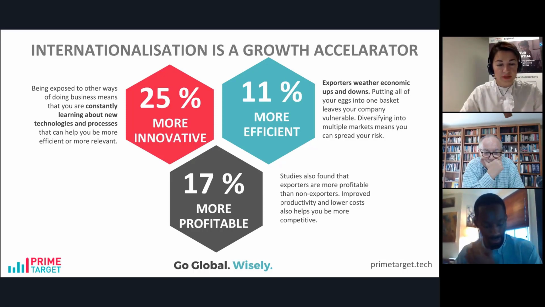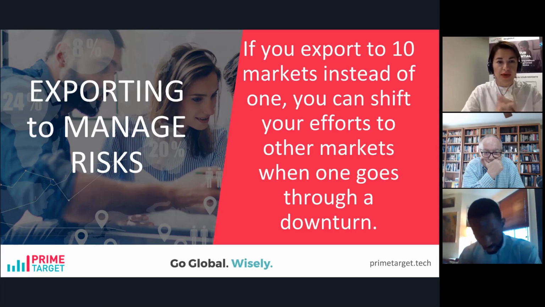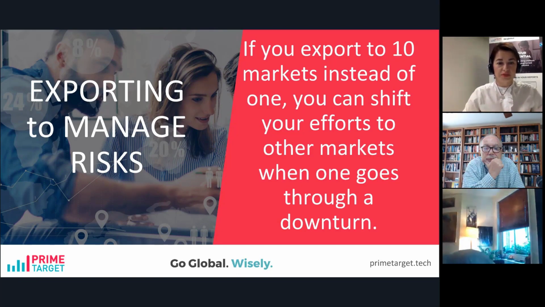There are also proven facts that if you export to different markets, for example 10 export markets instead of focusing on only one market, you can shift your efforts to other markets when you have a downturn on your local market.